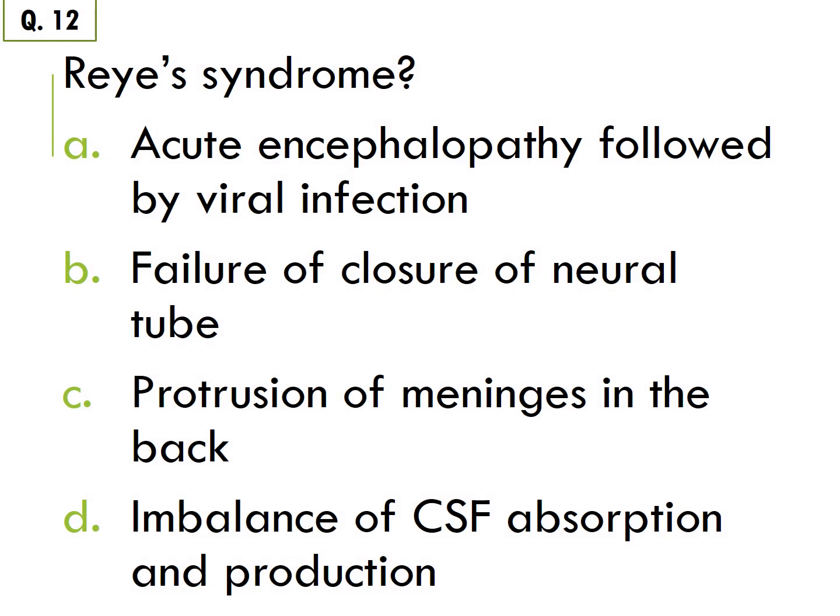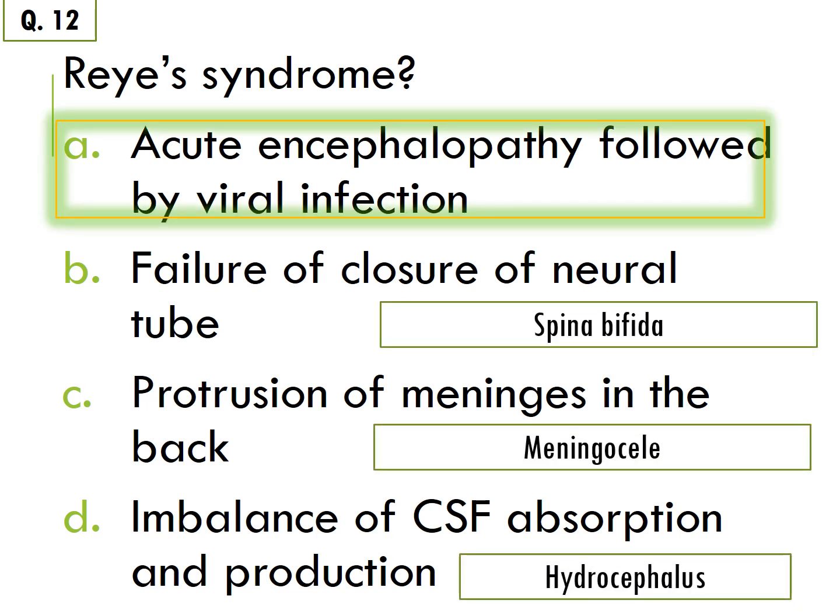Question number 12. What do you mean by Reye's syndrome? The options are acute encephalopathy followed by viral infection, failure of closure of neural tube, protrusion of meninges in the back, and imbalance of CSF absorption and production. And the answer is acute encephalopathy followed by viral infection.